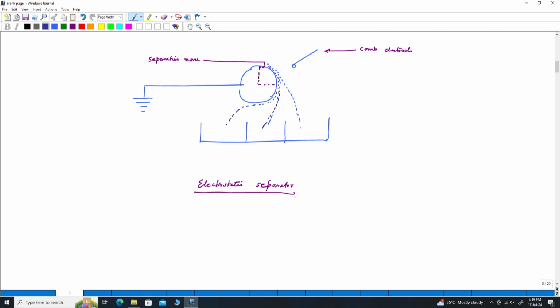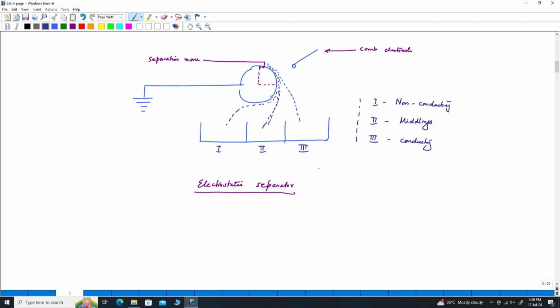So if this is bin 1, this is bin 2, bin 3, then 1 is non-conducting. Second one would be middlings. Middlings would be carrying both types of materials, and the third would be conducting.